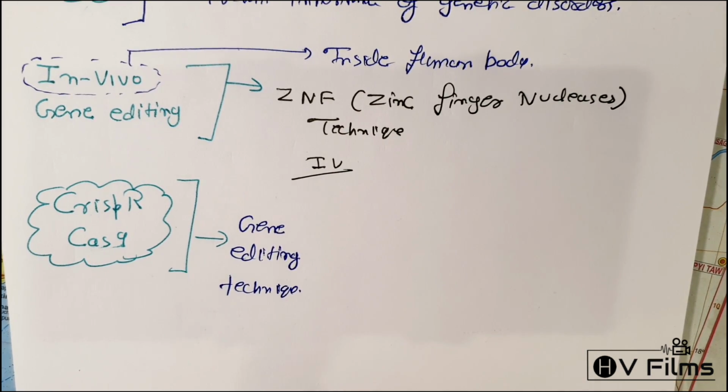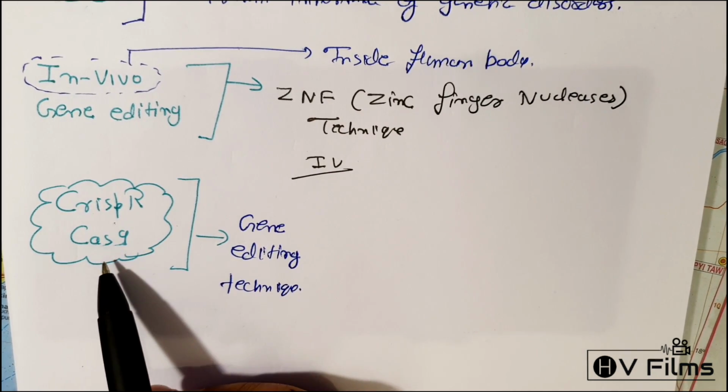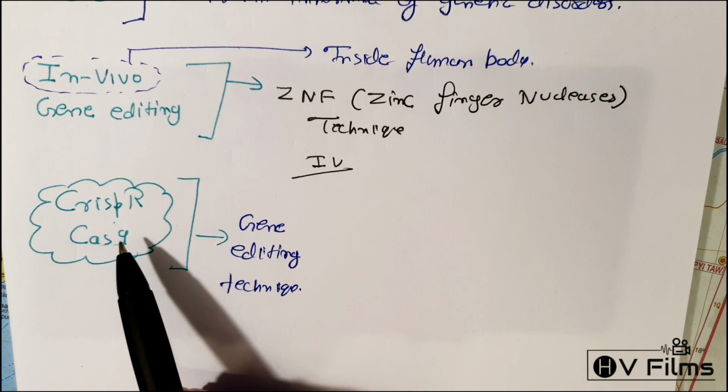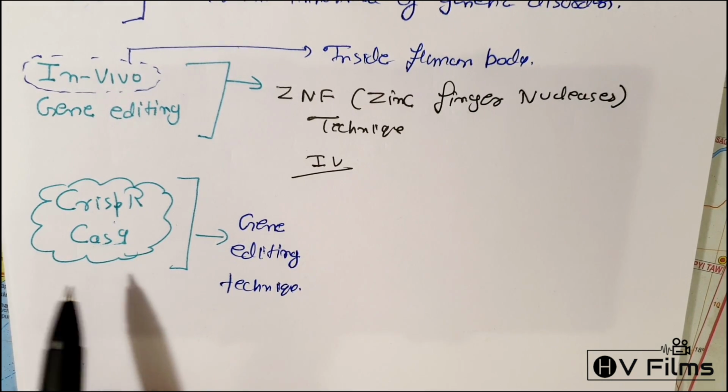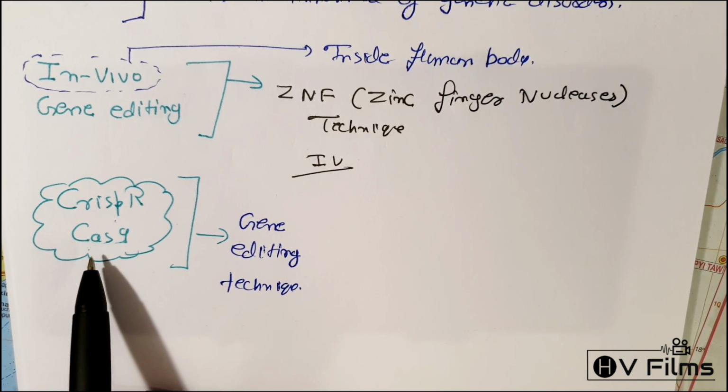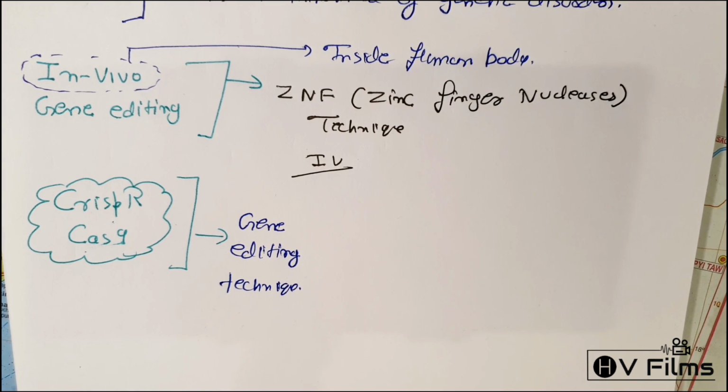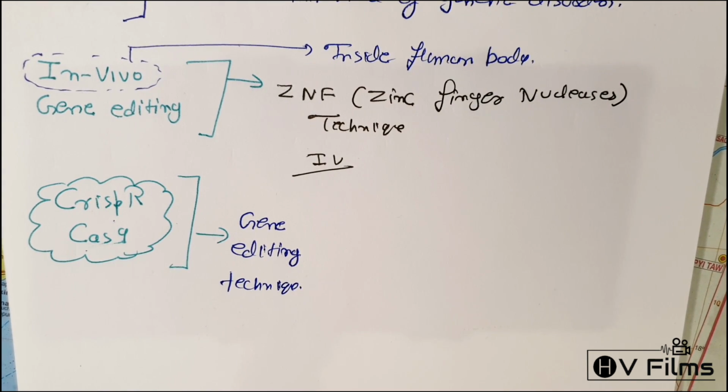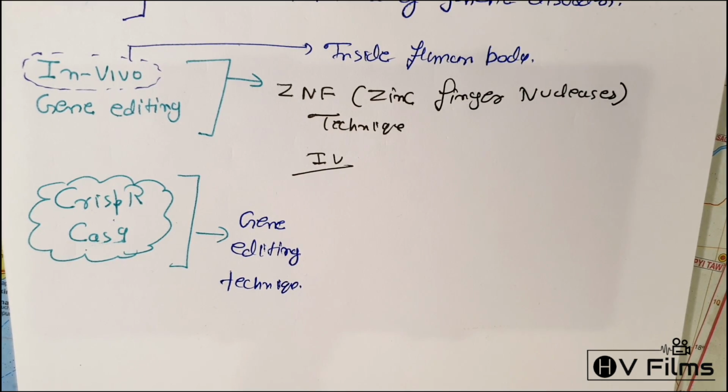There are two things, CRISPR and Cas9. CRISPR uses an enzyme called Cas9 to cut the strands of the DNA at precisely targeted locations and insert new genetic material into the gap.